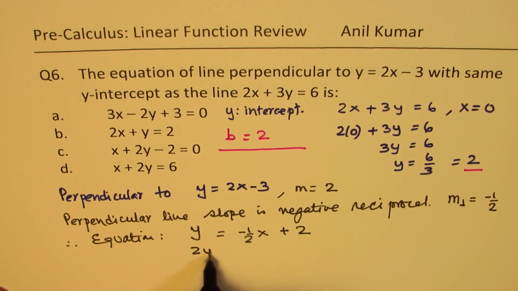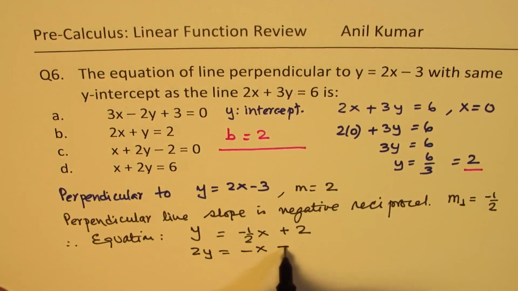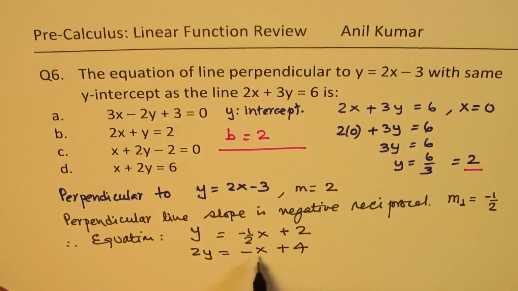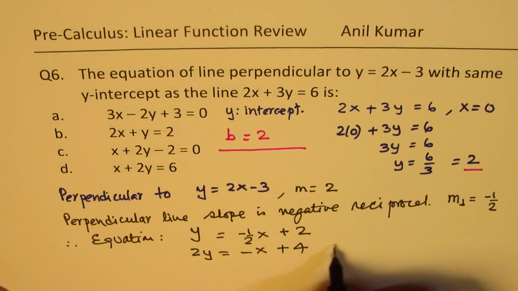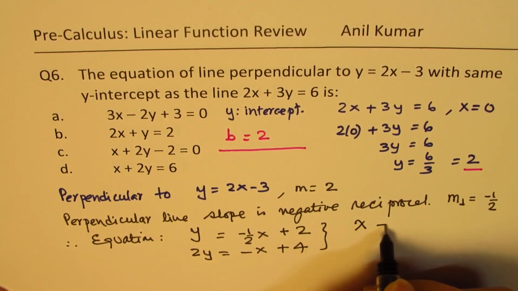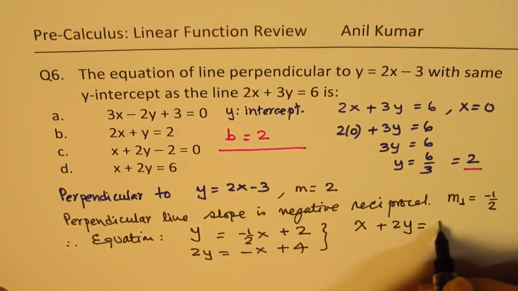So we get 2y = -x + 4, correct? So because the x coefficient is positive, bringing it together, we get x + 2y, bringing it here. So that gives you the equation x + 2y = 4, right?